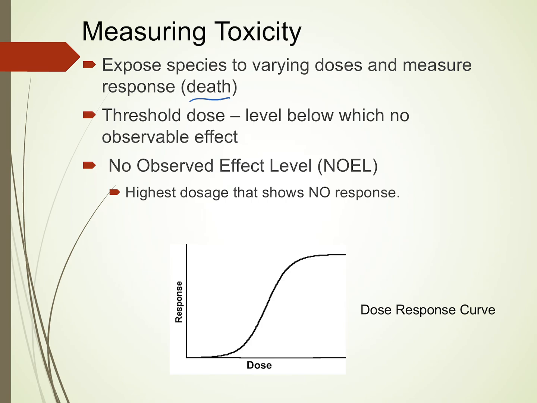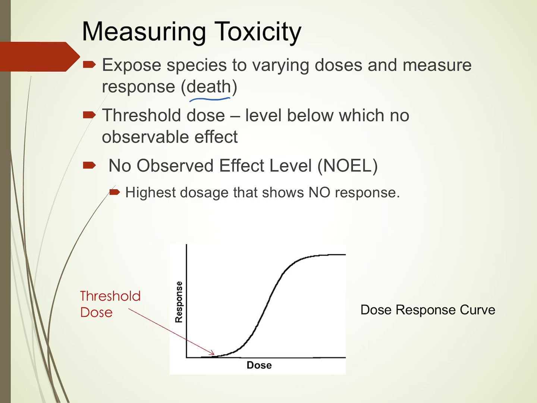Here you can see there actually is a threshold, a point below which there is no effect. We typically have the response on the y-axis and the dose on the x-axis. Then you see there's some sort of threshold where we start to see a response. The no observed effect level is the highest dosage that shows no response.